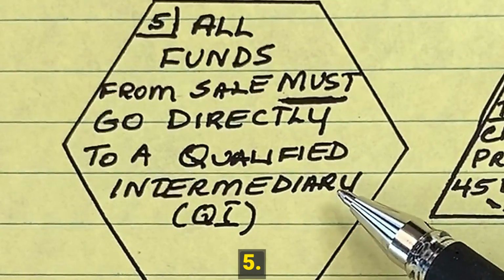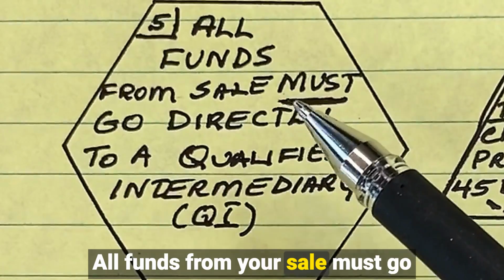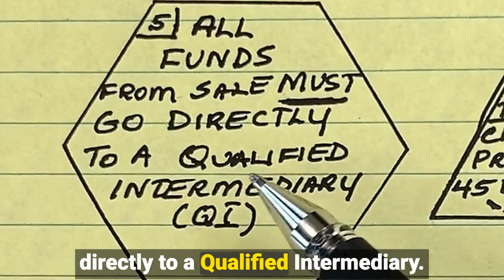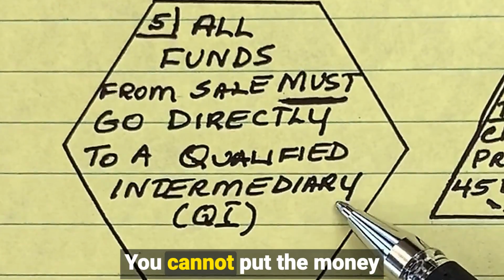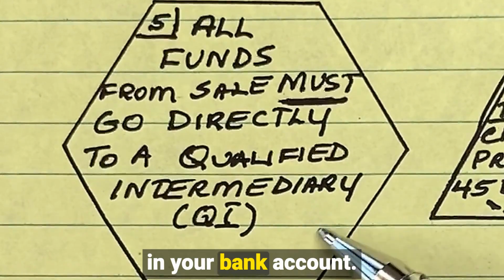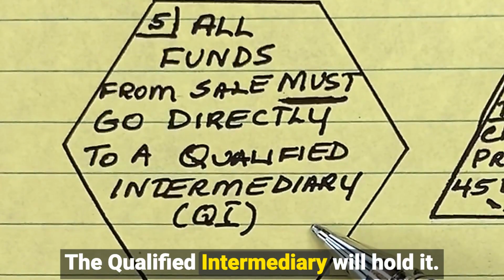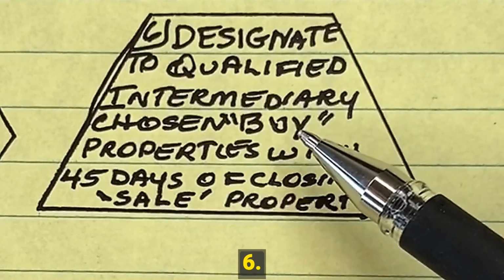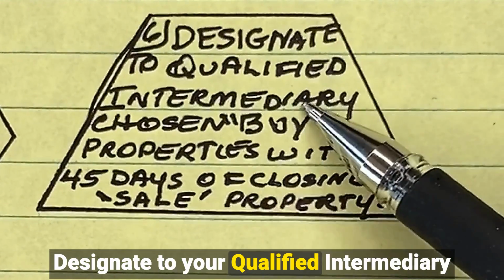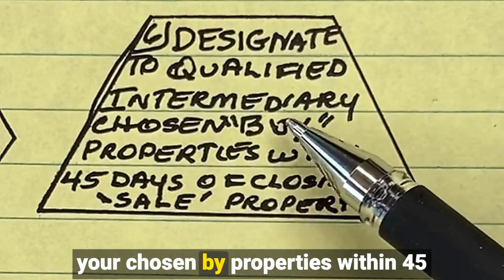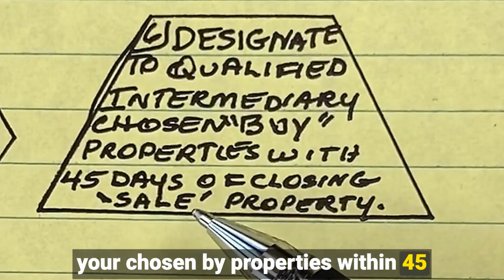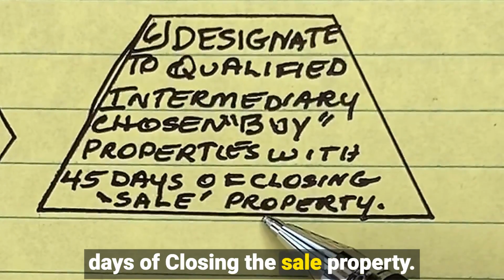Number 5, all funds from your sale must go directly to a qualified intermediary. You cannot put the money in your bank account. The qualified intermediary will hold it. Number 6, designate to your qualified intermediary your chosen buy properties within 45 days of closing the sale property.